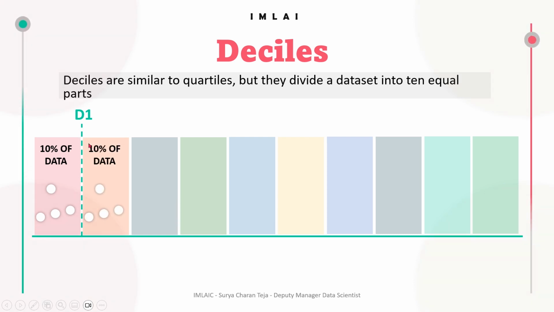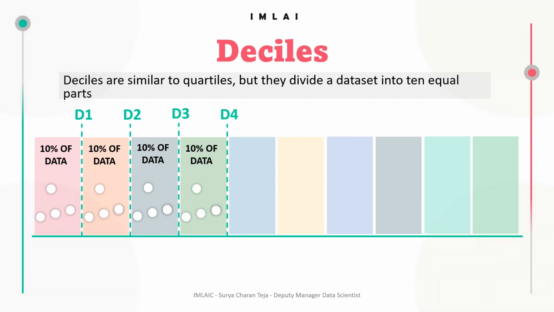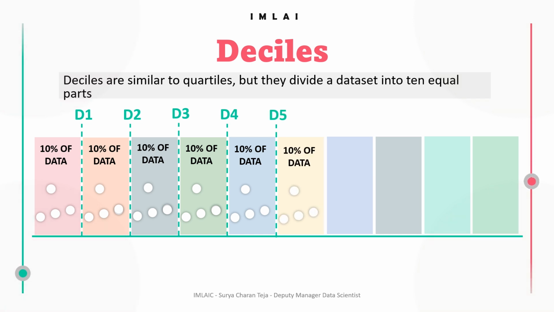And then decile 2 holds total 20 percentage of data points out of total number of data points. That's decile 2, D2. Similarly, decile 3, 30 percentage of data. Decile 4, 40 percentage of the data. Decile 5, 50 percentage of the data.